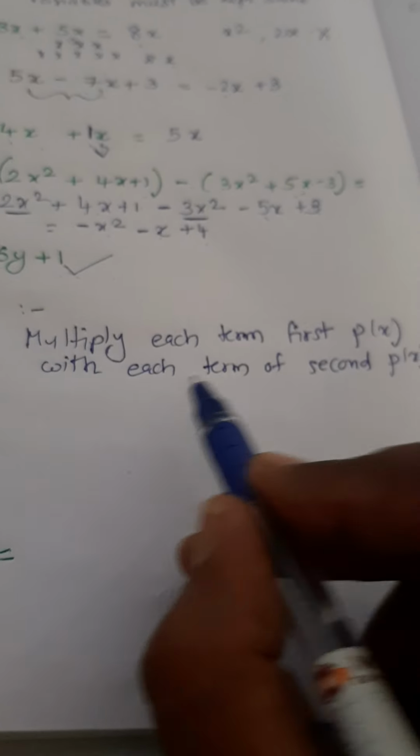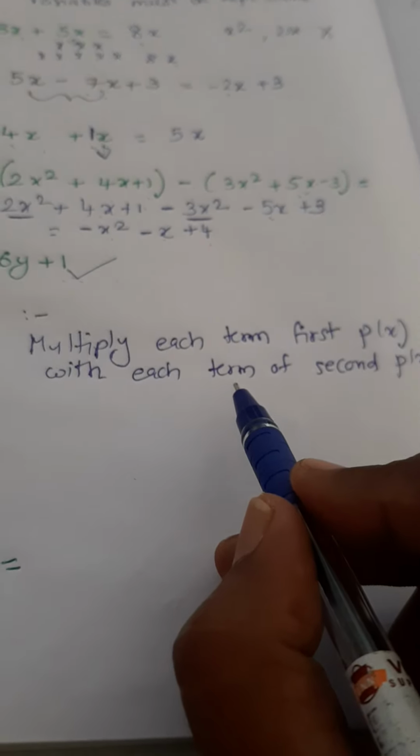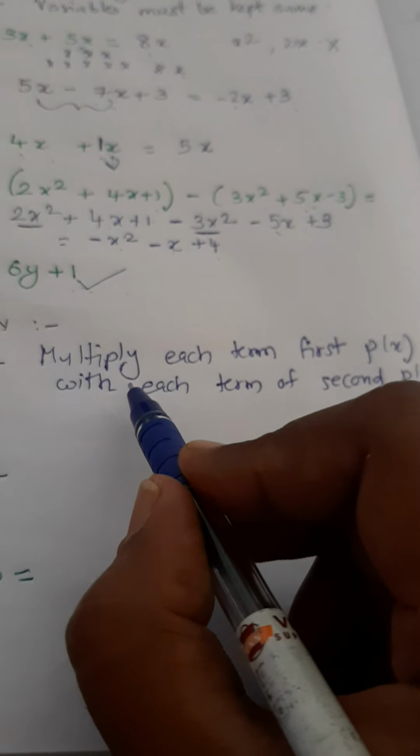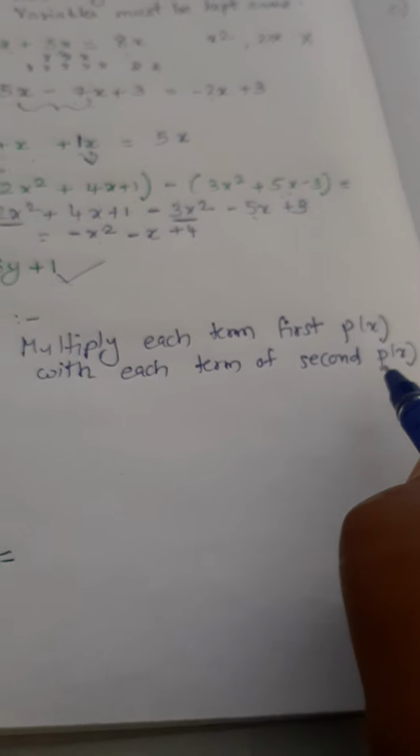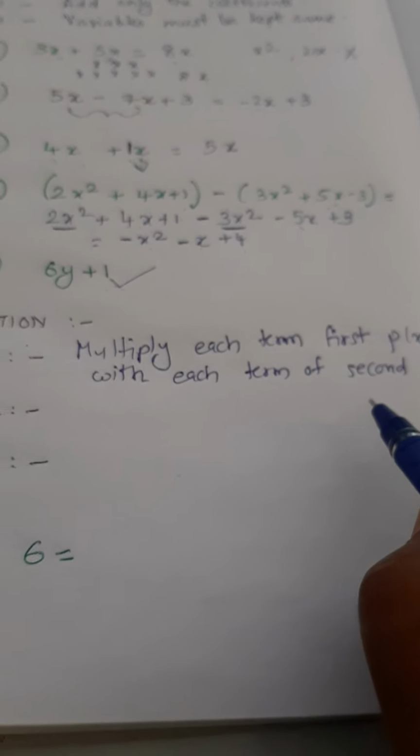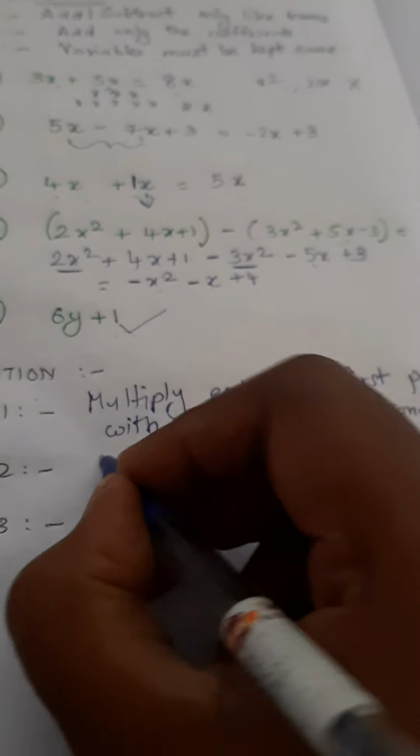That is, you will be given 2 polynomials, right, for multiplication. So each term of the first polynomial will be multiplied with each term of the second polynomial. So you will get a number of terms. All those terms will be added together.